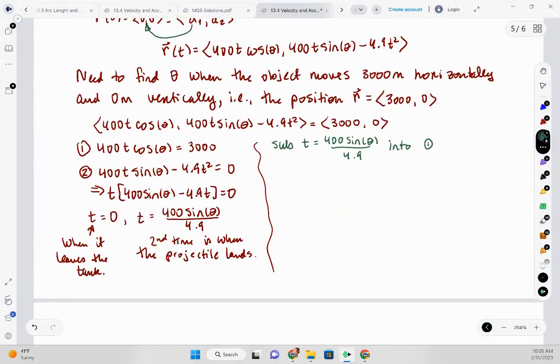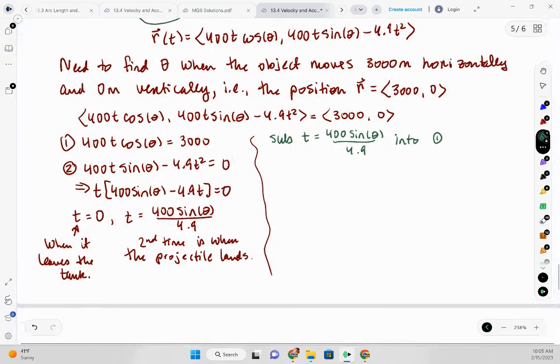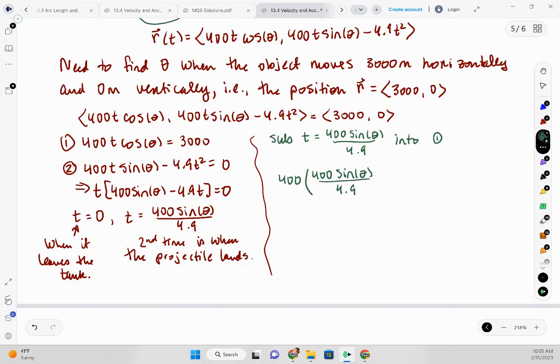So if I sub this value for t into equation 1, what I get is 400 times 400 sine of theta over 4.9 times cosine of theta is equal to 3,000.